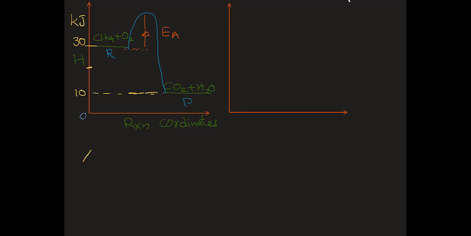Delta H shows the change of energy, written as H final minus H initial, enthalpy final minus enthalpy initial. I put some simpler numbers so you can see what's going on. The final is actually 10, the CO2 and water, starting at 30 kilojoules, so the difference is negative 20.